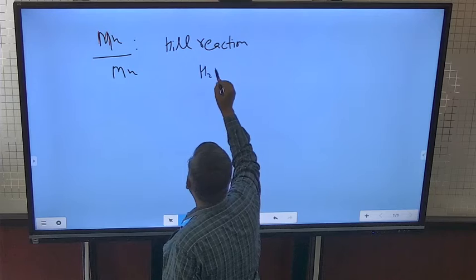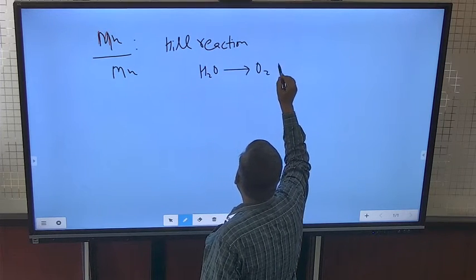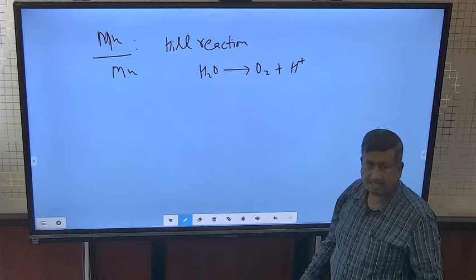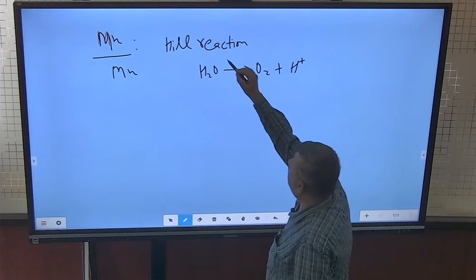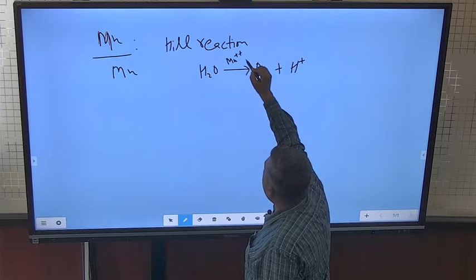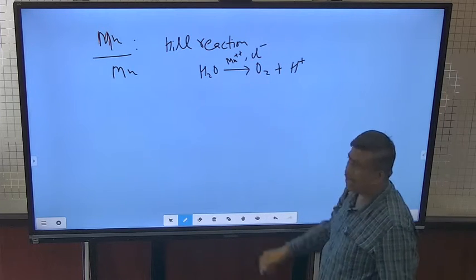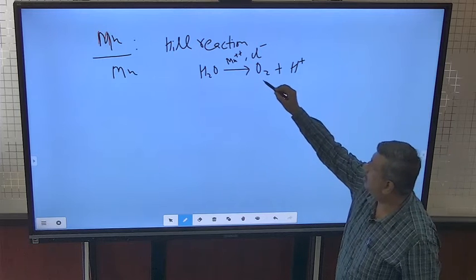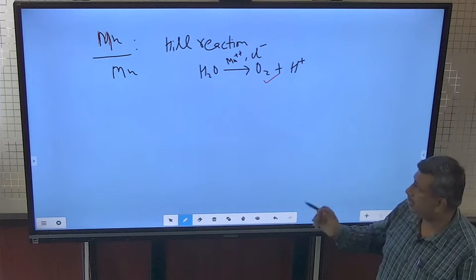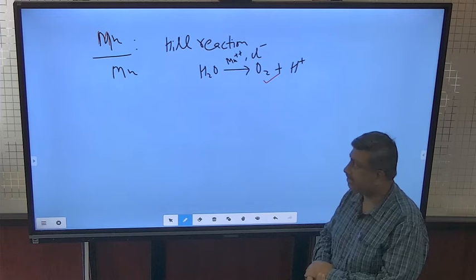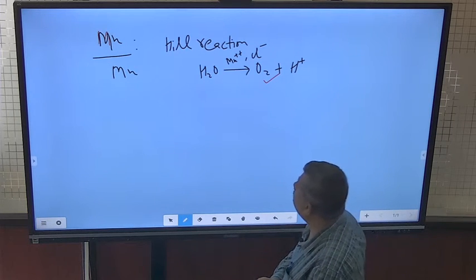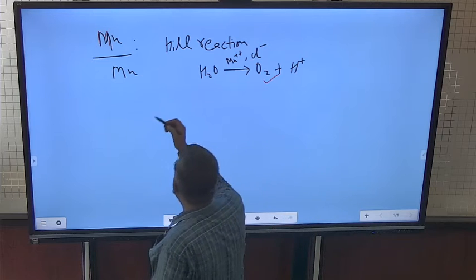Water is split into oxygen and hydrogen ions. This process takes place in the presence of manganese as well as chlorine, so both nutrients are required in this reaction. It is photosynthetic oxygen evolution, and the reaction is known as the Hill reaction after the name of the scientist Hill, who discovered this reaction.